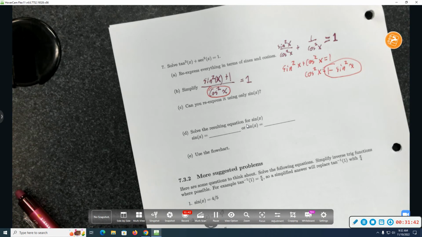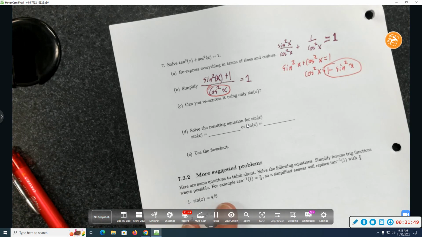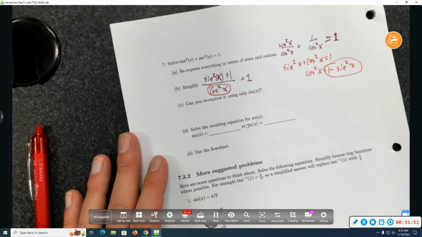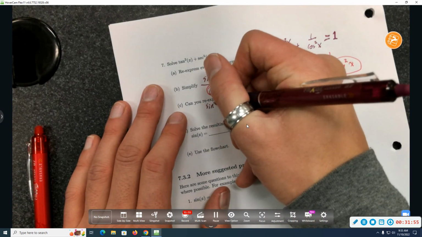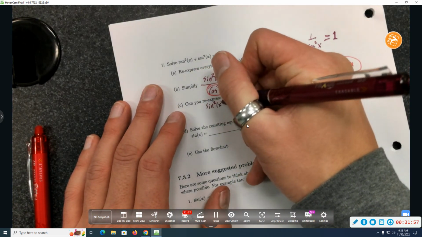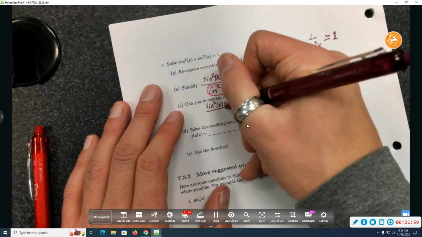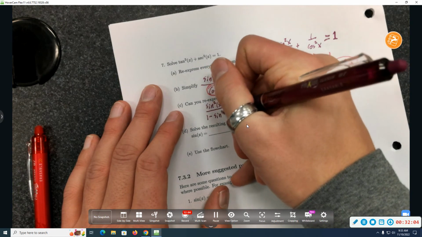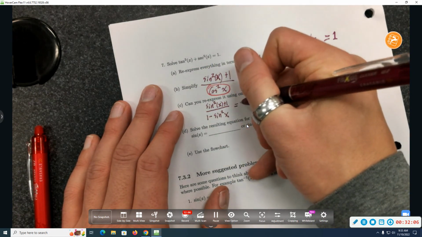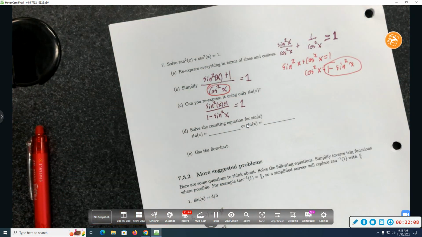So that's an important trig identity because it lets us get rid of a trig function that we wouldn't like to see in an equation, at least sometimes. So doing that, this becomes sine squared of x plus 1 over 1 minus sine squared x equals 1. People feel okay so far? Let's try to solve it.